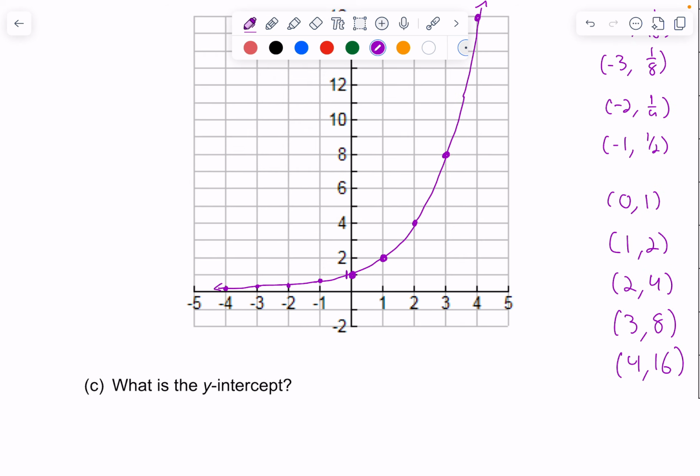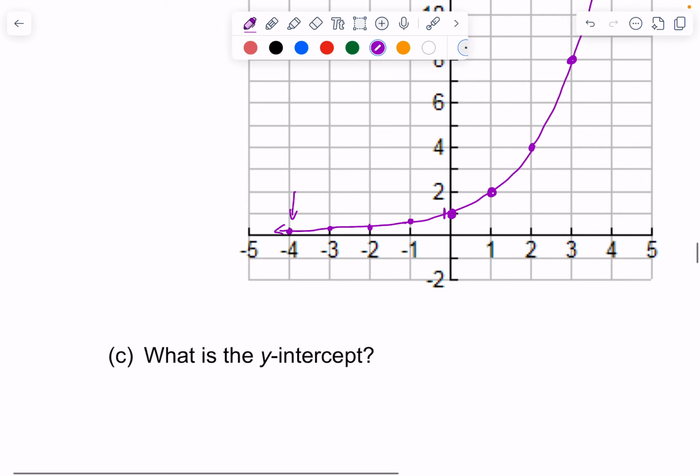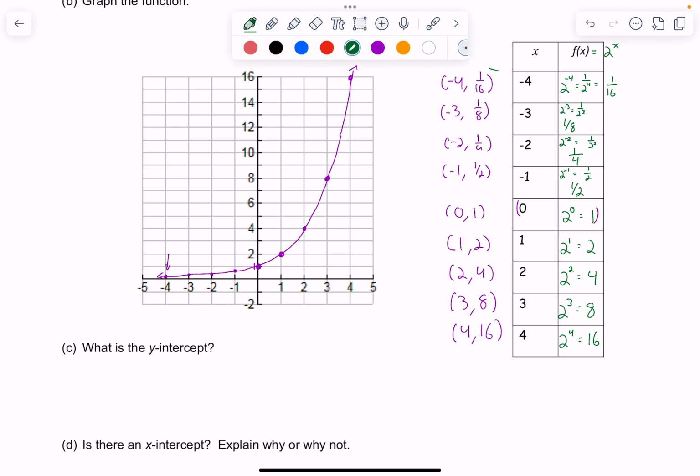So we have this going this direction. I want to highlight this point right here. Notice how small these points are. Look how small they are. They have y values that are the fractions right here.